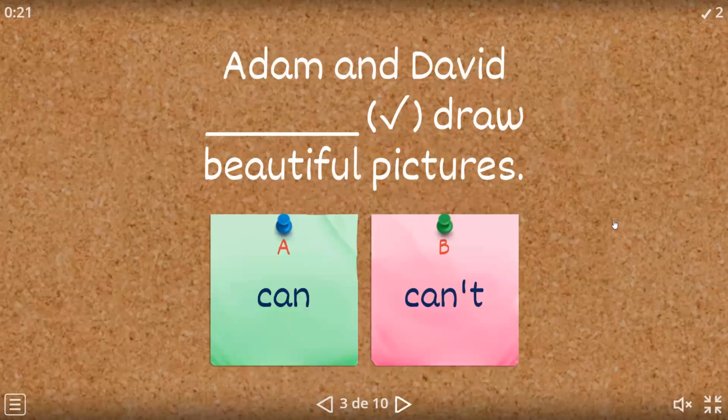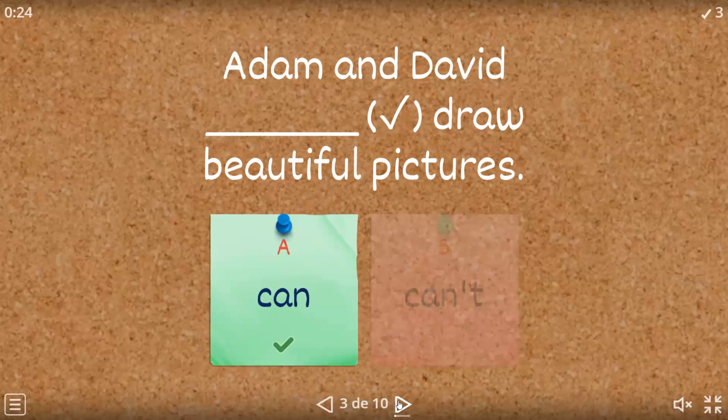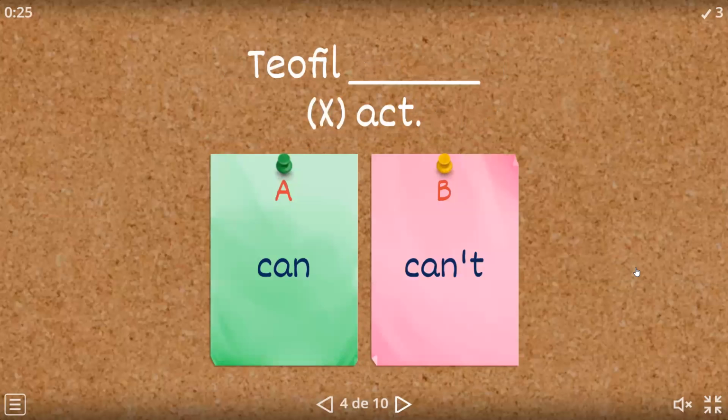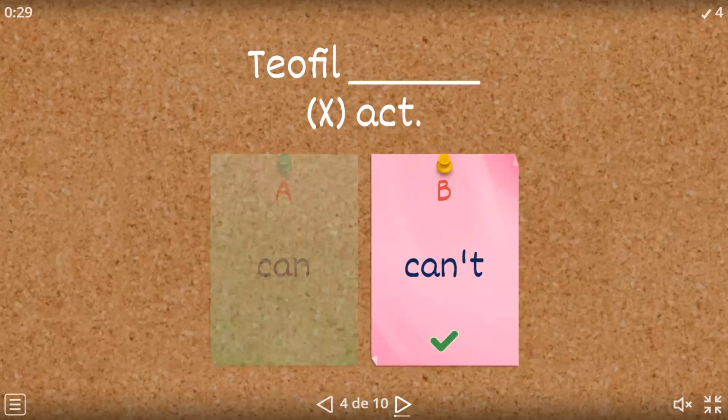Now, Adam and David can draw beautiful pictures. And Theophine, can't. Yes, can't, with a T at the end.